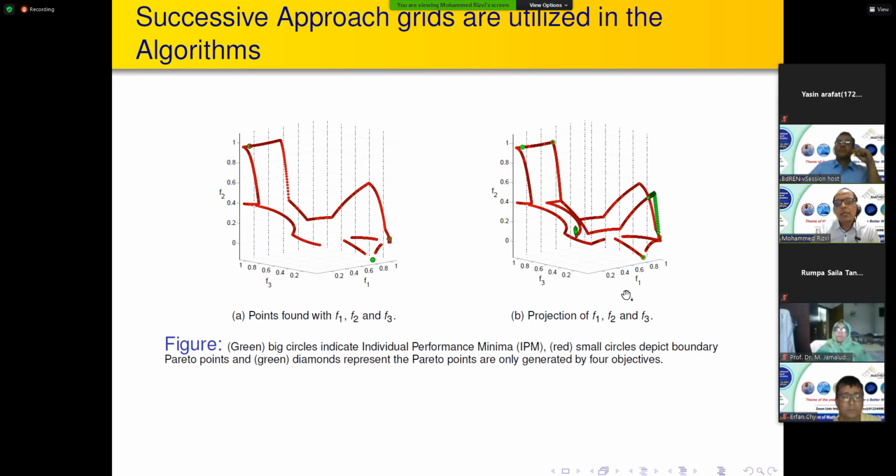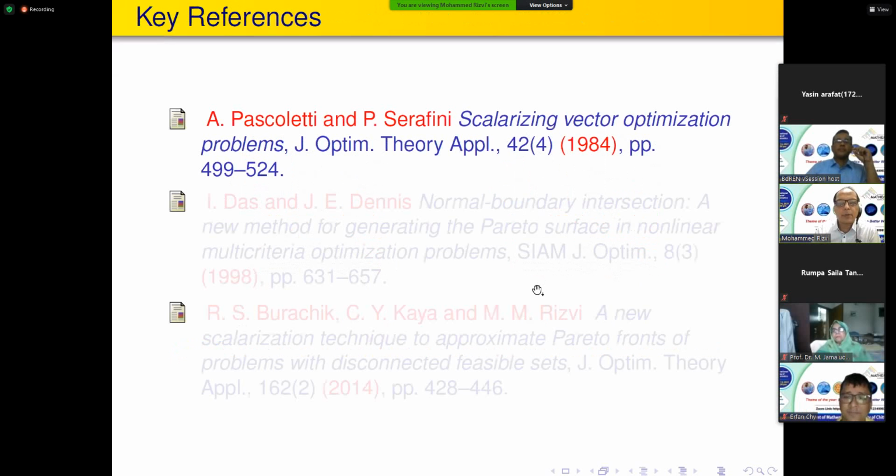Now in our algorithm, we say that no, we can't ignore other objective functions, so we consider all 4 objectives. This is the projection of F1, F2, F3, the same projections that the NASA people considered. We say that some part is missing in here. So we claim that if someone uses this algorithm, they may find a better Pareto front for multi-objective optimization problems. So these are the key references.